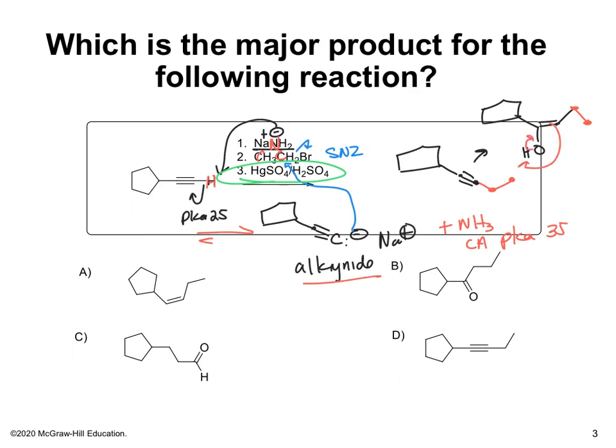And so this is going to tautomerize, 1, 2, and then we have 1, 2 carbons here. Always count your carbons. There's your ketone. So B is your answer.